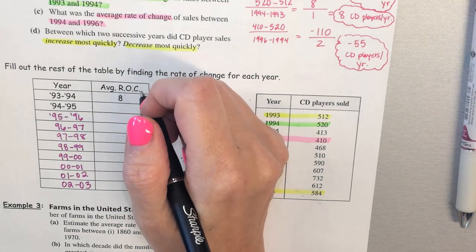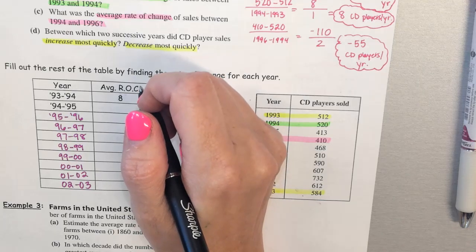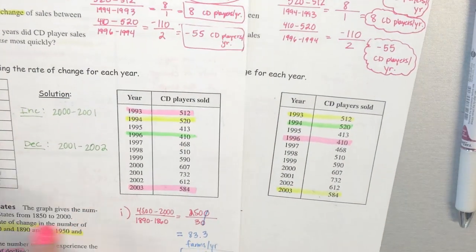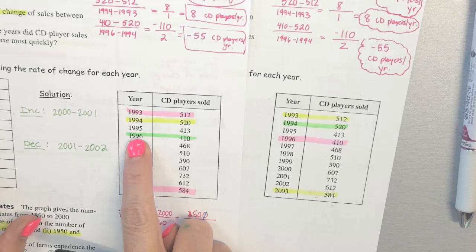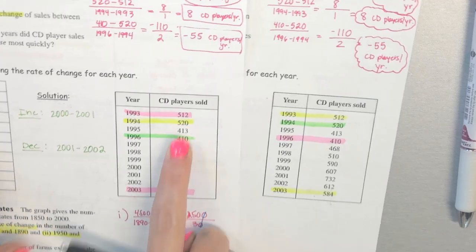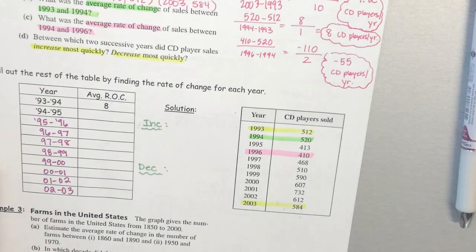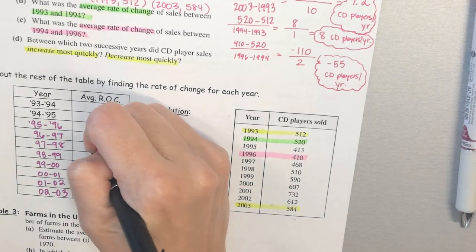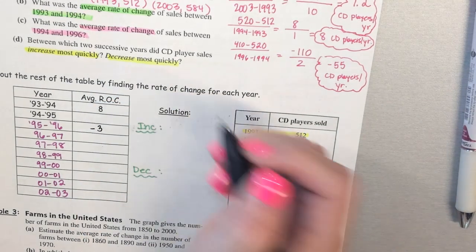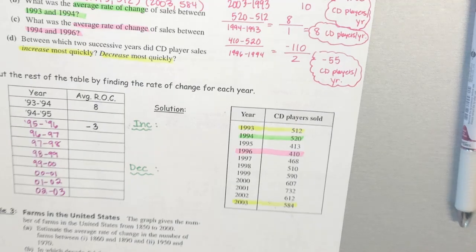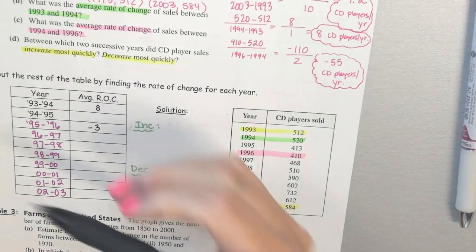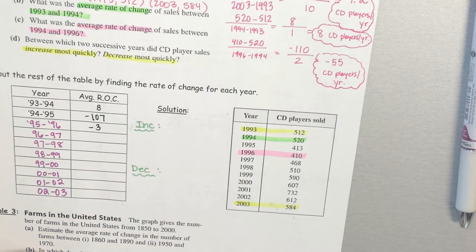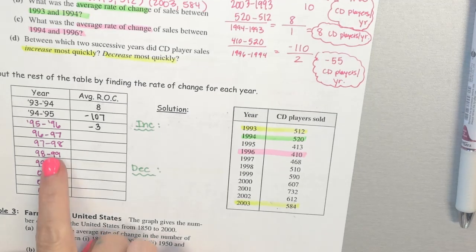From 94 to 95, it should be 413 minus 520. Oh, okay. Yeah, 95 to 96. And then 94 to 95 is negative 107.